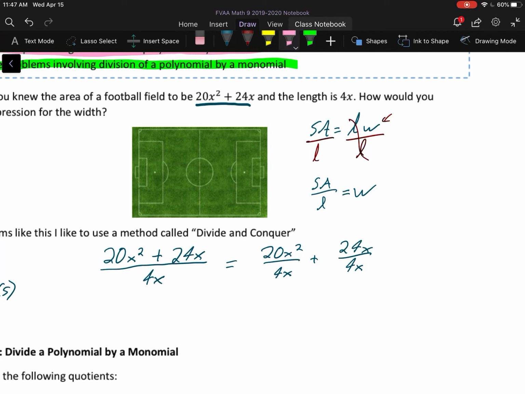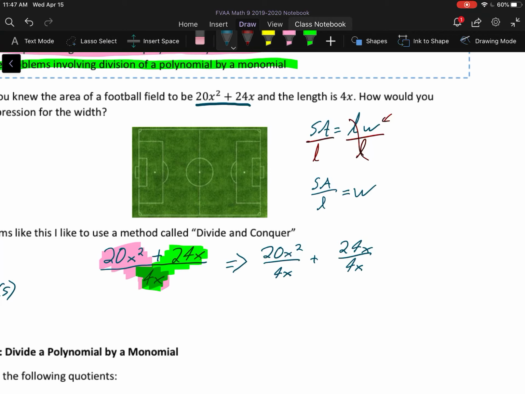The 4x, the denominator, needs to be applied to both terms in the numerator. Both terms in your numerator need to be divided individually by the denominator. So it turns into this notation on the right here.